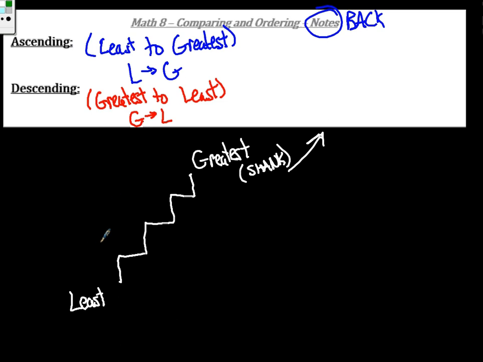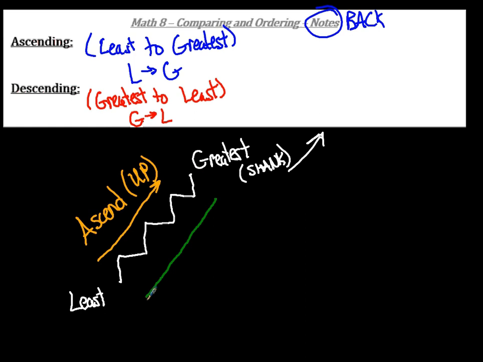Let's try that one more time. As we're going up the staircase, we're going to be ascending. So we're going up the staircase, we ascend. And if we are going down the staircase, we go from greatest to least now.